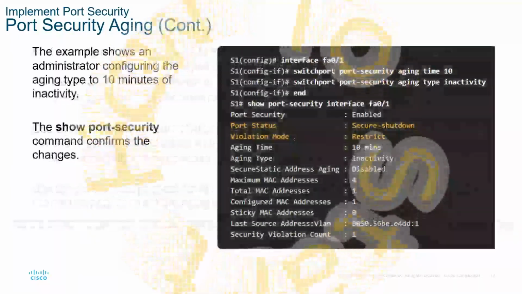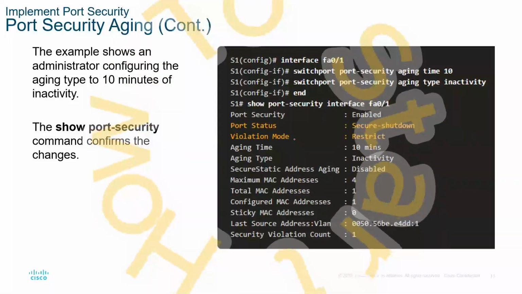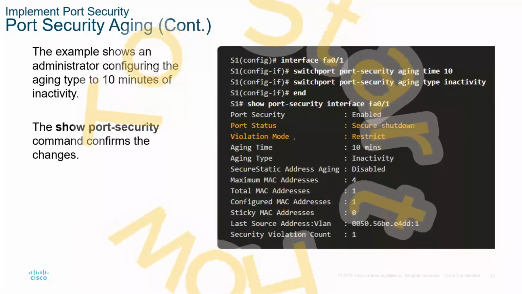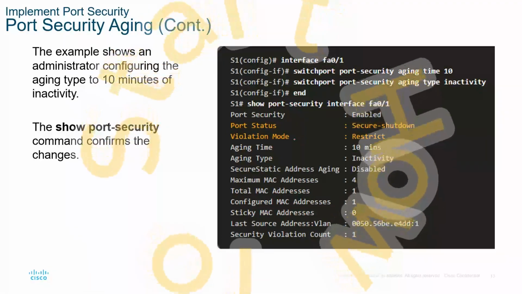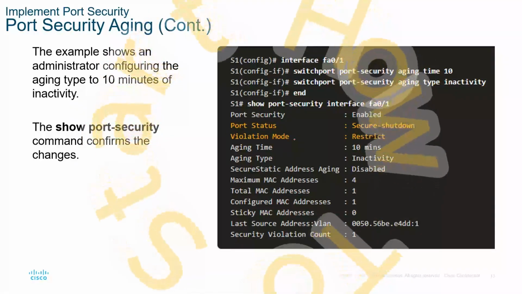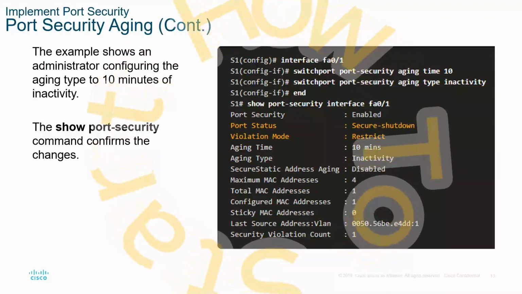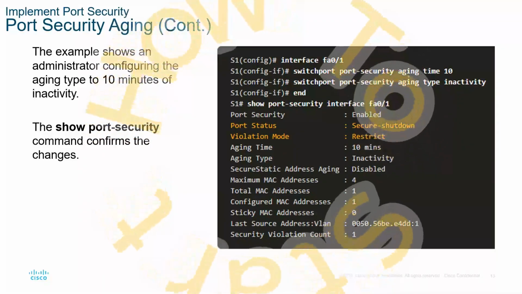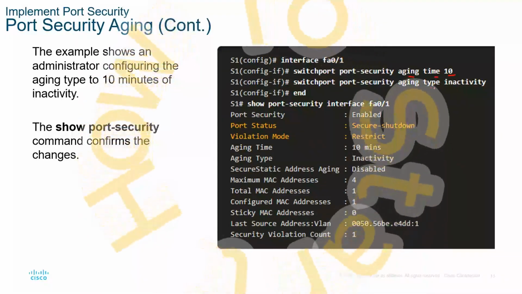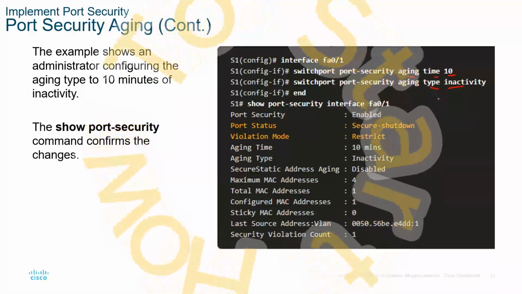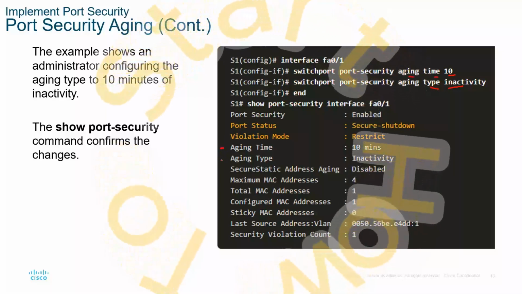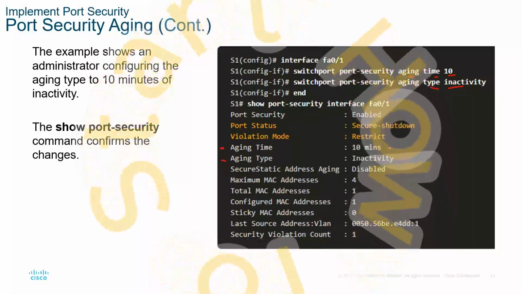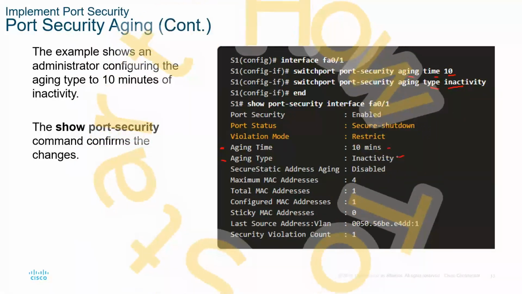For example, here we have an aging of 10 minutes of inactivity. So we set the time and then we set the type. You can see that here: aging time 10, aging type inactivity. And what ends up happening is you can now see the age time and age type being modified. It's now 10 minutes and inactivity.